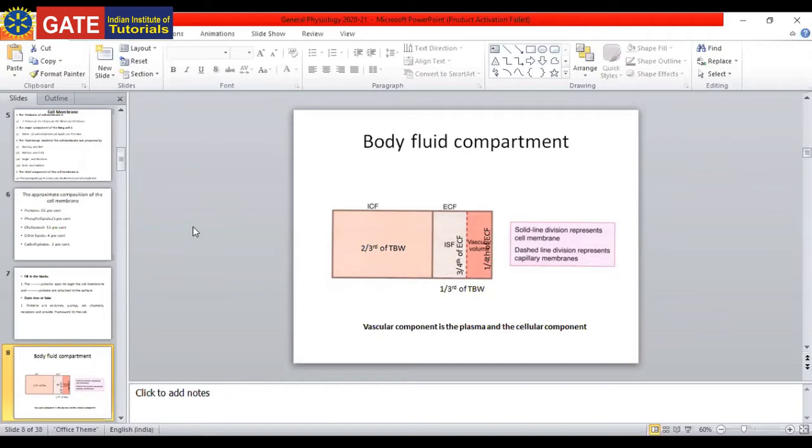Now of the ECF, 3/4 is the interstitial fluid and the remaining 1/4 forms the vascular component. The vascular component is part of the ECF. Is this clear to all of you? Yes, ma'am.